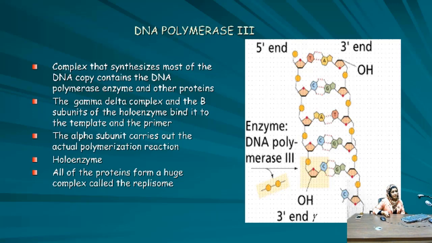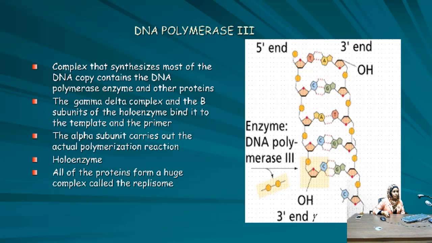The complex that synthesizes most of the DNA copy contains the DNA polymerase enzyme and other proteins. The gamma delta complex and the beta subunit of the holoenzyme bind it to the template and the primer. The alpha subunit carries out the actual polymerization reaction.